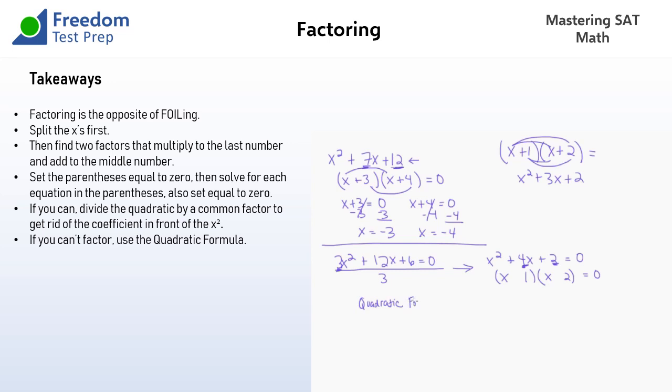Now, depending on the score that you're going for in math will depend on whether you decide, if you don't already know the quadratic formula, whether you want to memorize it. But I'm going to go through it here because it's not a bad idea to know it. So I'm just going to write it down, and then I'll just walk you right through it.